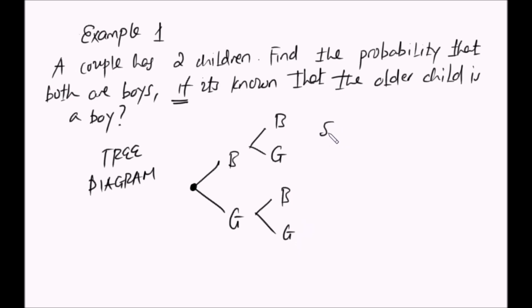So we have our sample space here, all possible events. The two children can be: first a boy, second a boy, BB; or first a boy, second a girl; or first a girl, second a boy; or first a girl, second a girl. So these are all the possible events.